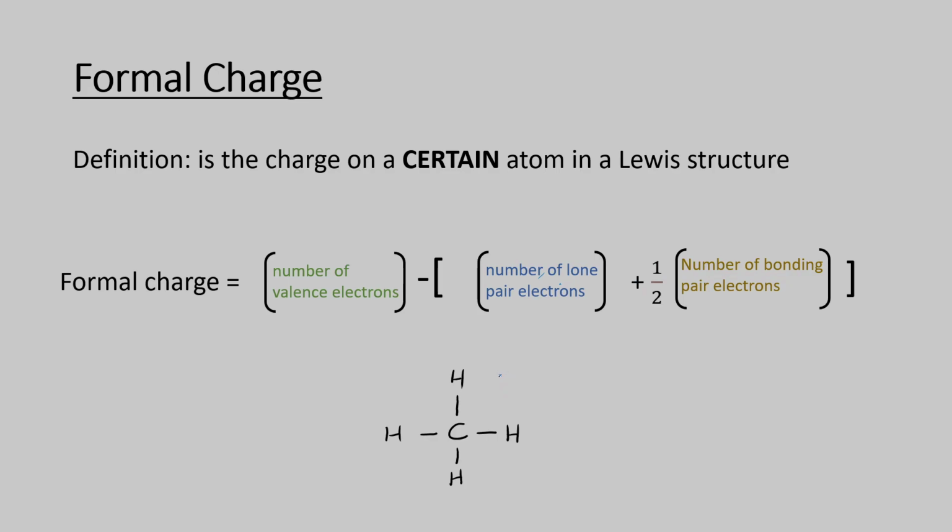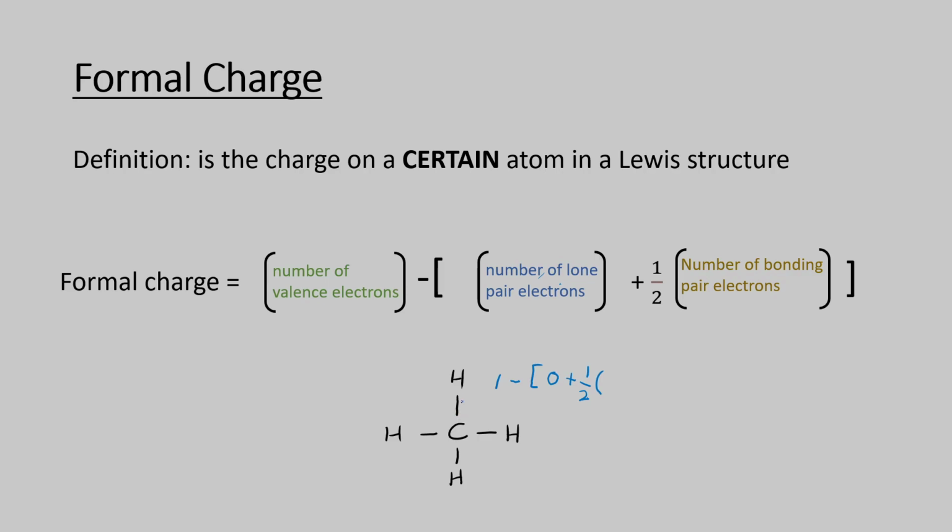So, untuk hydrogen is 1 minus number of lone pair. So, hydrogen tak ada lone pair kan? Bila kita dah buat. So, kosong plus half of dia punya bonding pairs. So, kalau you tengok dia ada satu bond. So, satu bond maksudnya dia berkongsi 2 elektron kan?